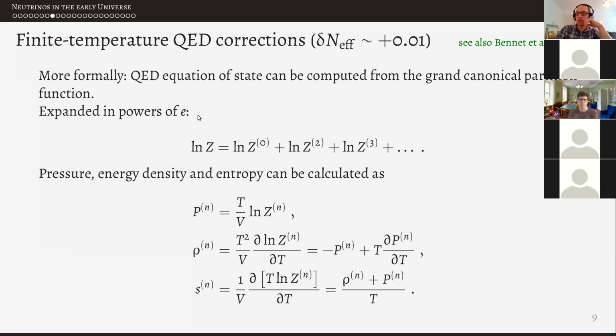So if we expand in powers of the elementary charge here, we get that the 0th order is present. There's no first order, but then there's a second order and a third order correction to the 0th order term here. And for each of these, you can compute the pressure, energy density, and entropy density. And these are just standard formulas that I have put here.